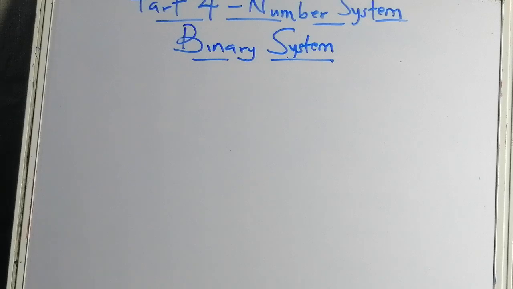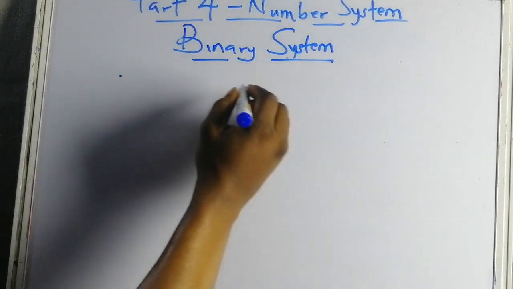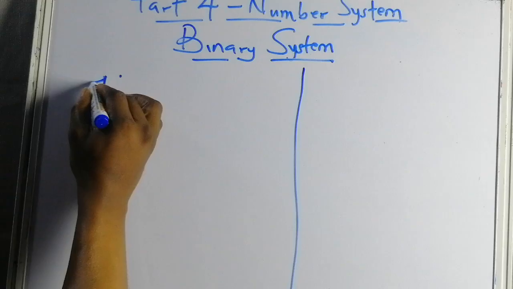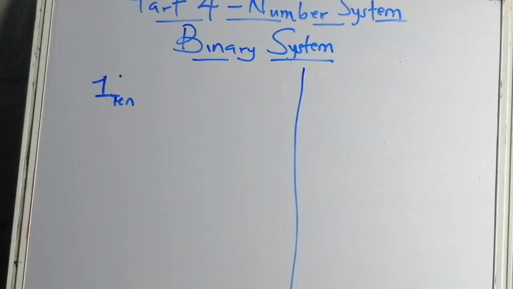Let me start with 1. I can also have 0, but there's nothing we can do with 0. 0 is still 0. Let's assume we have 1 in base 10. That's example 1.